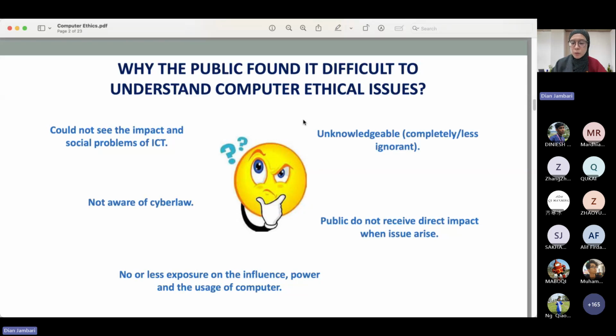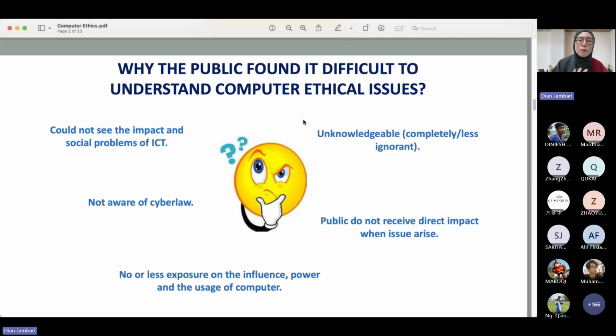We're going to look at some computing dilemmas, ethical dilemmas related to ICT. But anyone in the public may have difficulty understanding or realizing the kind of impact and social problems that can be caused by ICT.